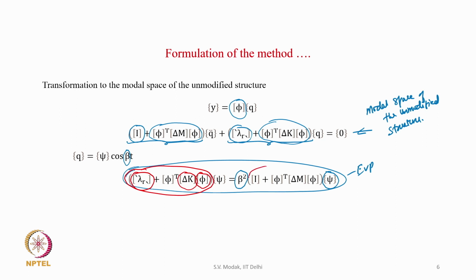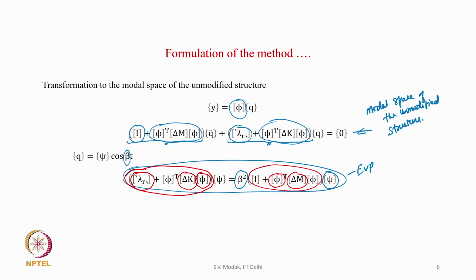Similarly, this matrix also consists of the eigenvector matrix of the unmodified structure and the description of the mass matrix change due to the structural modification. Therefore, to solve this eigenvalue problem, what we need is the modal characteristics of the unmodified structure and spatial matrices describing the changes in the mass and stiffness matrices due to structural modification.